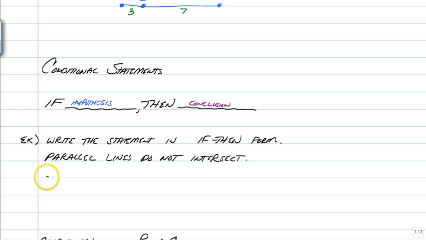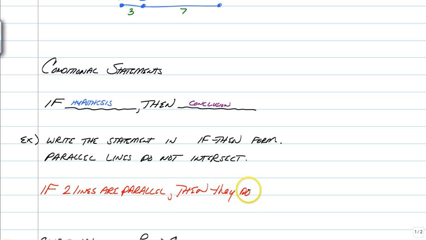All you would have to do is, if two lines are parallel, then they do not intersect. Now, you don't say, if parallel lines then do not intersect. You can reword it a little bit so it makes more sense.